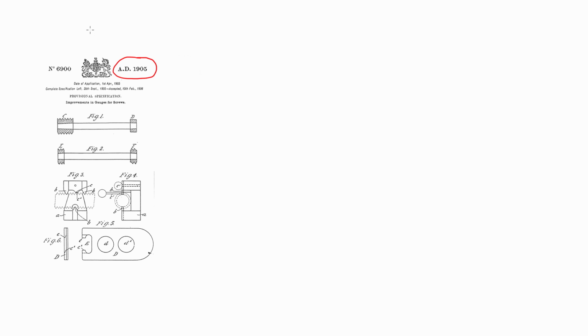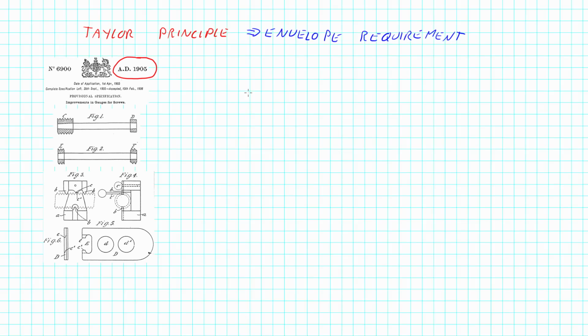And from that, we get what we refer to as the Taylor principle, or these days, we also refer to it as the envelope requirement. It came out of problems with having things fit together.